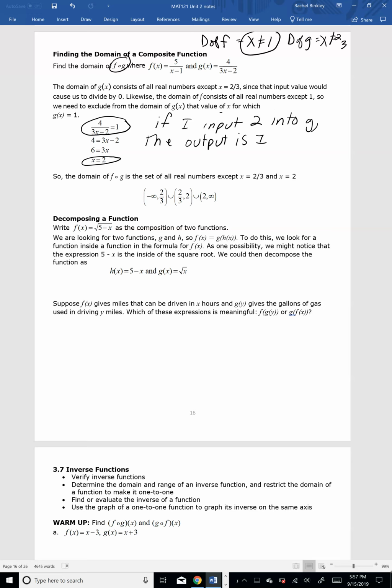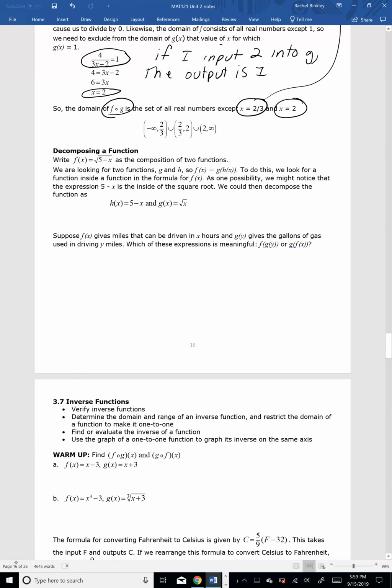That's exactly what it's saying down here. So when you're looking for the domain of f of g, x cannot be 2/3, which is what we originally figured out for g, right? But also, x cannot be equal to 2, because that makes it 1, and we can't input 1 into the other function.